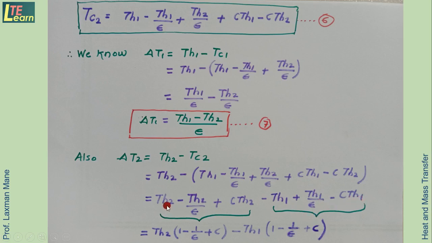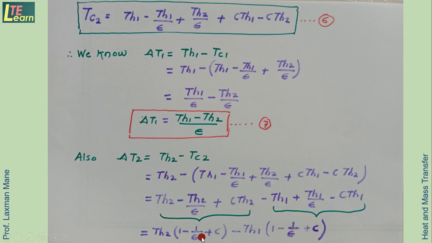Then take TH2 common from these terms and take minus TH1 common from these terms. So we will have here TH2 bracket 1 minus 1 upon epsilon plus C, minus TH1 another bracket 1 minus 1 upon epsilon plus C, bracket complete.